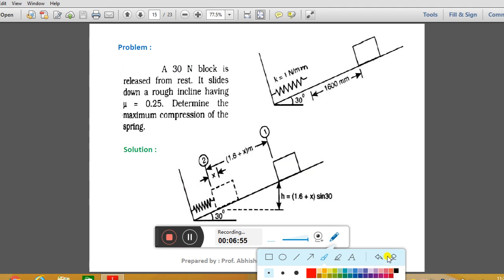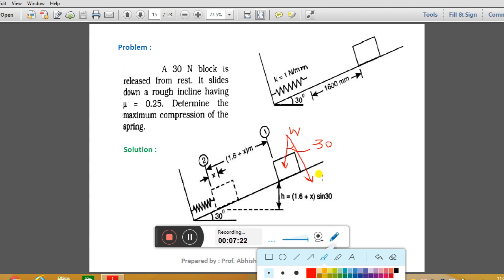So we can say this is the weight, which will act in the downward direction. Okay, so resolve this. We know this angle will be equal to the angle of inclination of the plane, so this is equal to 30 degrees.